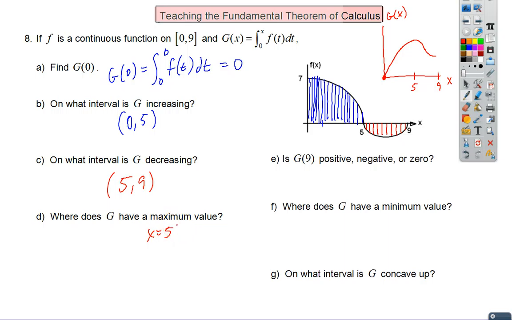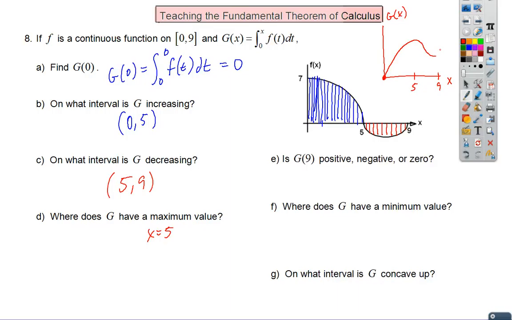So now I have to ask myself, is g of 9 positive, negative, or 0? Why didn't I take this curve all the way below the x-axis? Looking at the areas here, the area above the x-axis is greater than the area below the x-axis. So I'm not going to go down as much as I went up.